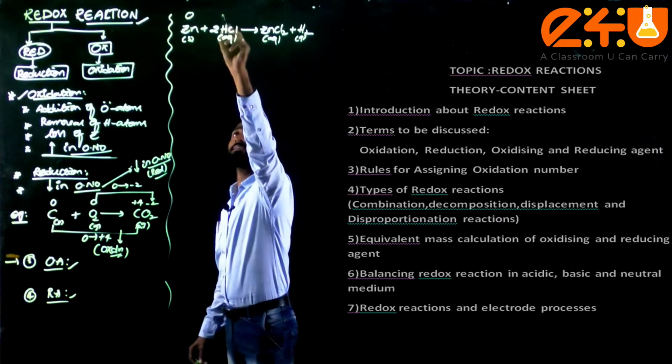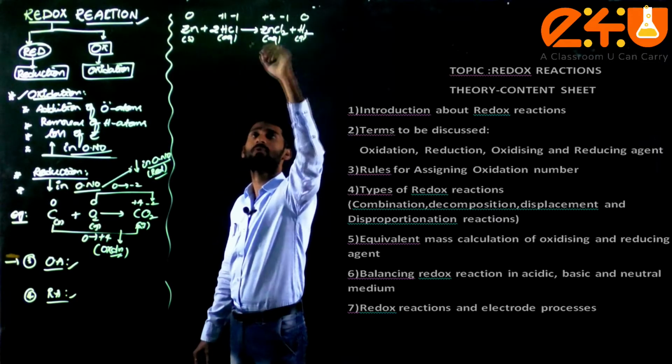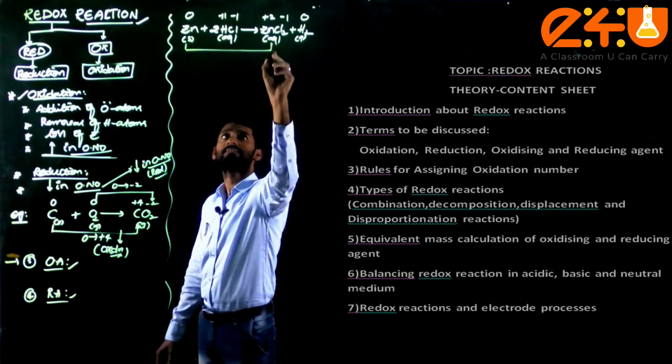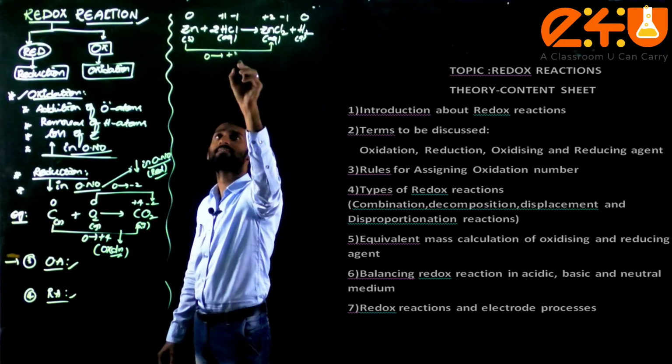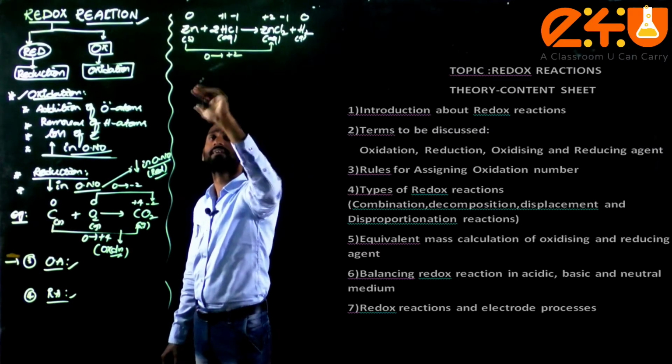Hydrogen is plus 1, chlorine minus 1, zinc plus 2, chlorine minus 1, and H2 is 0. Later we can do it. Now from 0 to plus 2, what happened, my dear students? Zinc goes from 0 to plus 2, is it increasing or decreasing?